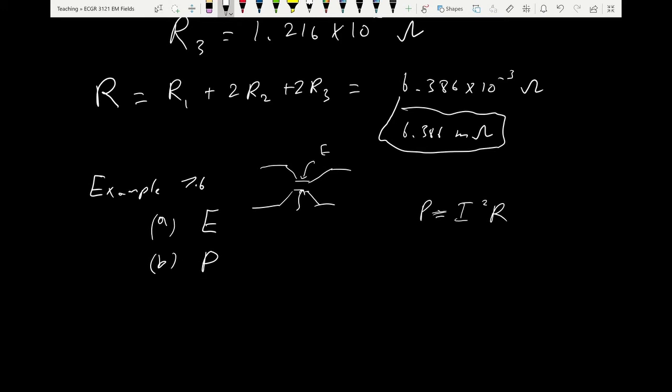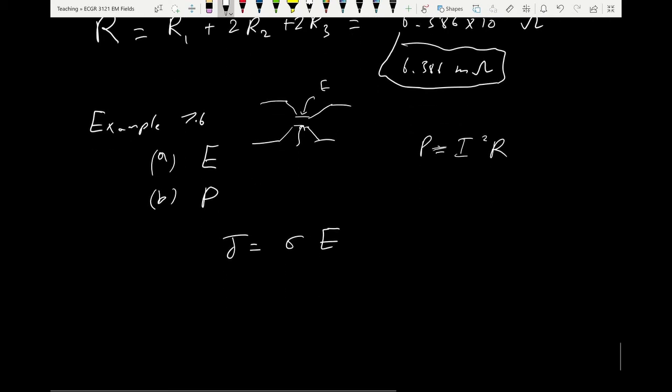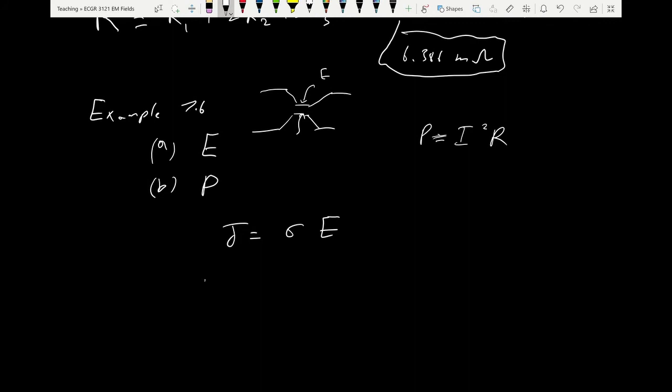So what is E? Well, we know that J equals sigma E, right? This basic formula. So we know that E has to be J over sigma, and J is the density that is required to blow the fuse, right? We want to find the field just as the fuse blows, and the power dissipated in the neck just as the fuse blows. So J is, we said, 10 to the power 8 amps per meter squared.